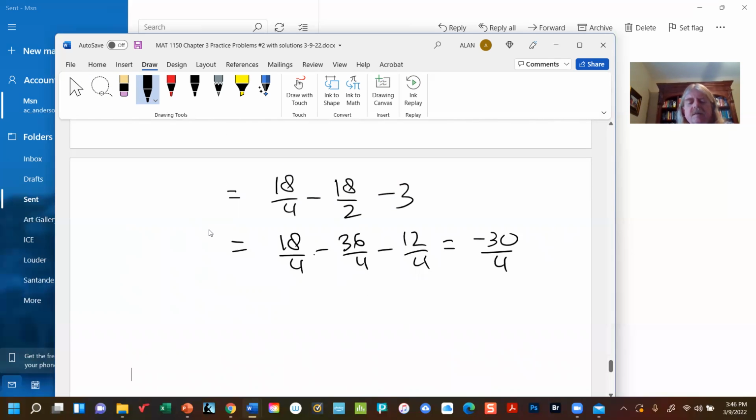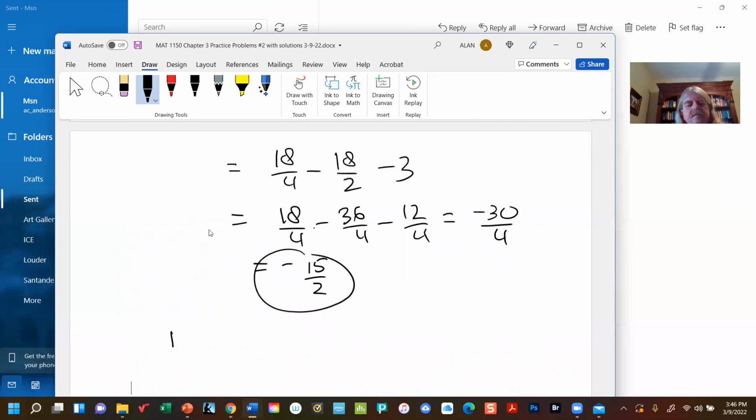And you can certainly simplify that a little bit by turning it into minus 15 halves. And so that means that the range is -15 halves, including -15 halves, all the way up to infinity.